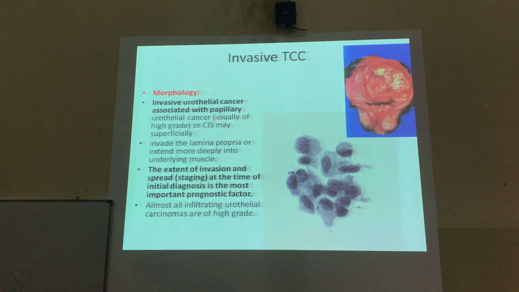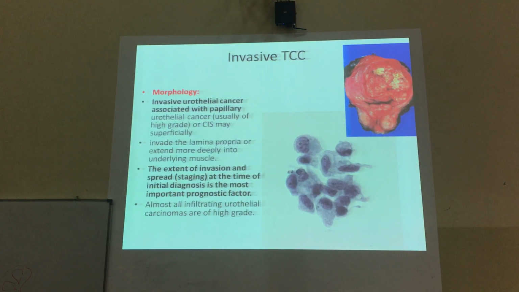Usually papillary urothelial cancers are of high grade in nature, or sometimes carcinoma in situ is present superficially. Superficially there is carcinoma in situ, but when we take a deep biopsy we say that it is invasive transitional cell carcinoma. It invades the lamina propria from the epithelium, then the muscle layer, and extends more deeply into the underlying tissues.